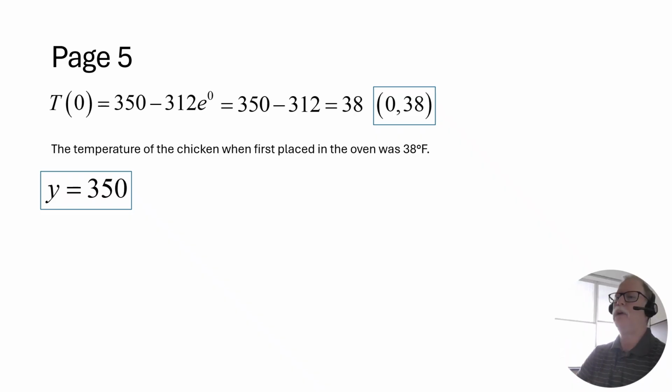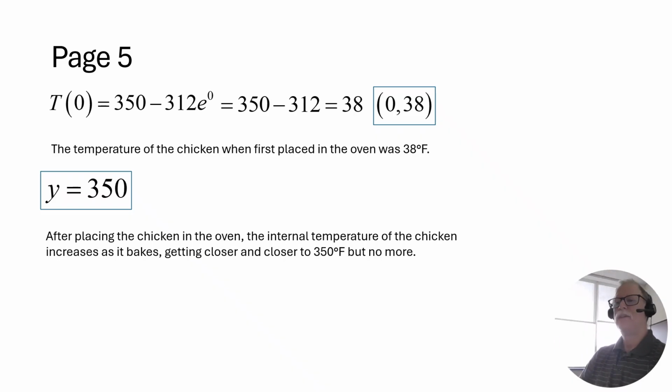So the input is as x increases, as the input increases, as the time cooking the chicken increases. So specifically, after we first put it in the oven, the temperature of the chicken is, you see what I wrote right there.